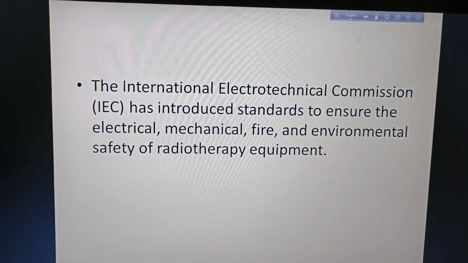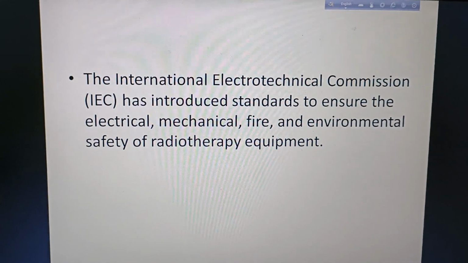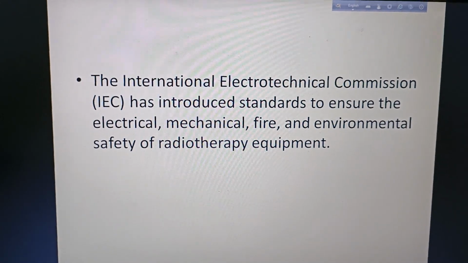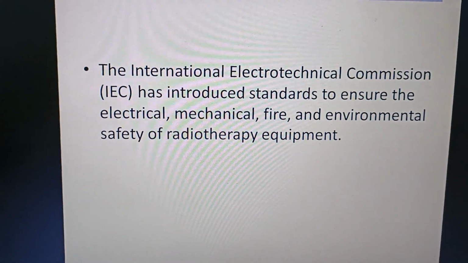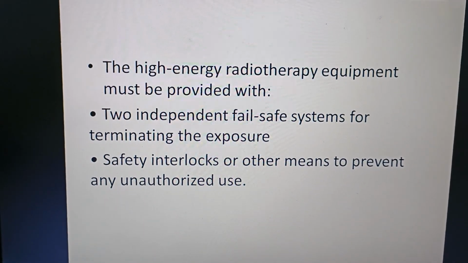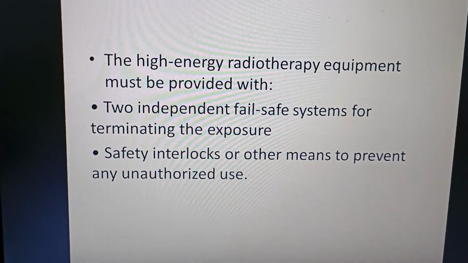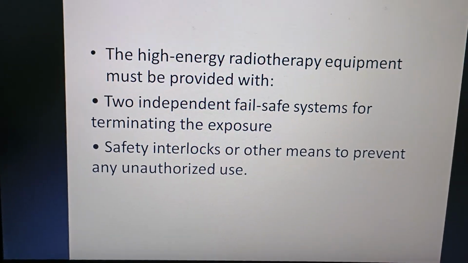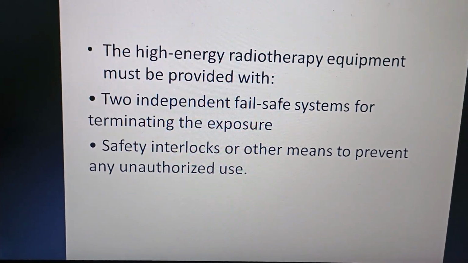High energy radiotherapy equipment must be provided with two independent fail-safe systems for terminating the exposure, and safety interlocks or other means to prevent any unauthorized use.